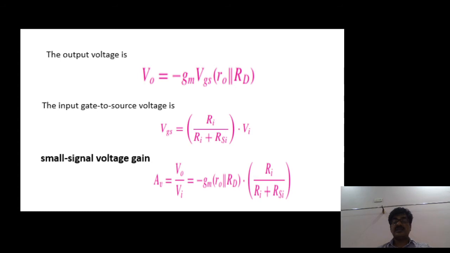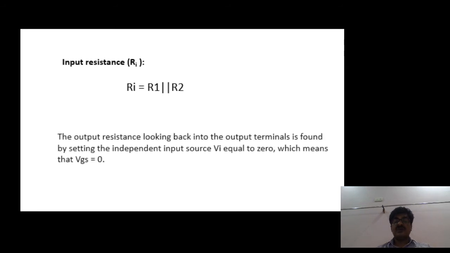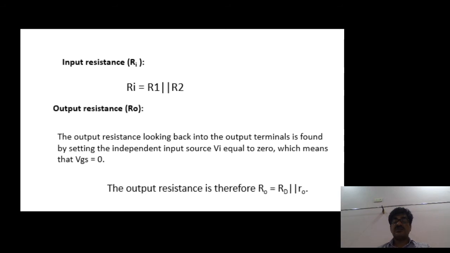After that, let us see the input impedance derivation. For input impedance, before the voltage divider network, if you see, only one resistor you have, that is R1 parallel R2. And for output resistance, the condition is Vs should be 0.